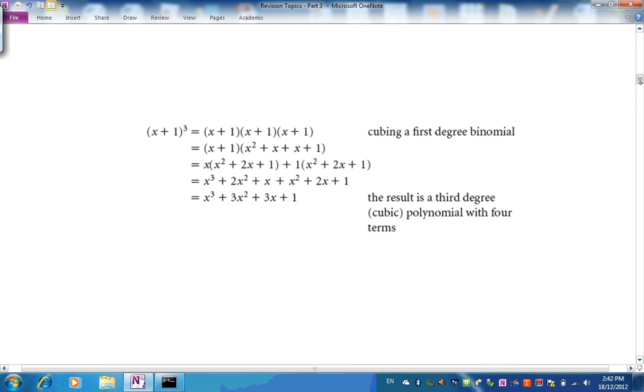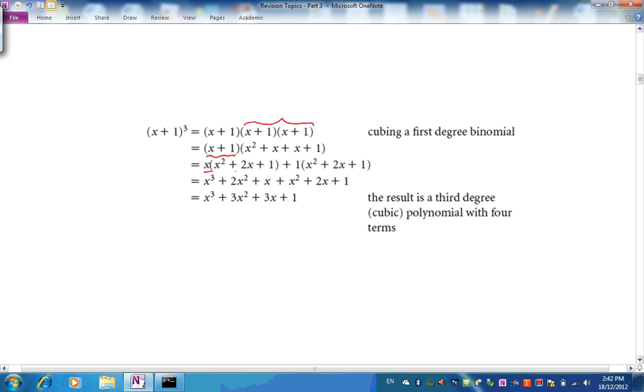But coming down here, what would you do to cube a linear or first degree binomial? 2 terms in each bracket, highest power is 1, so it's linear. What do we do? Well, we do 2 at a time. So we do those, leave this one out the front, and then apply it, expand it, and do it in another stage.